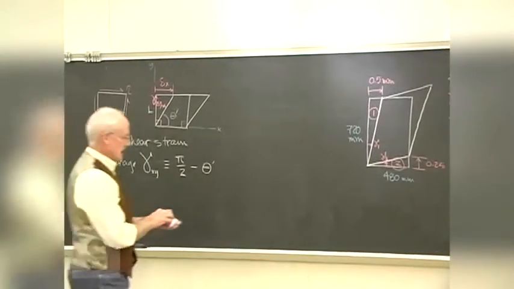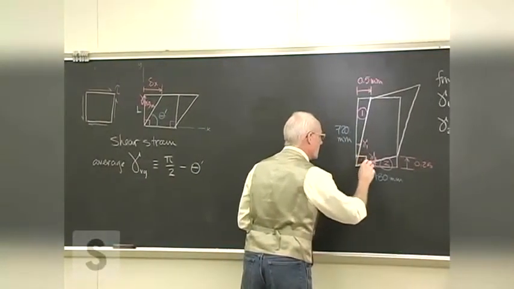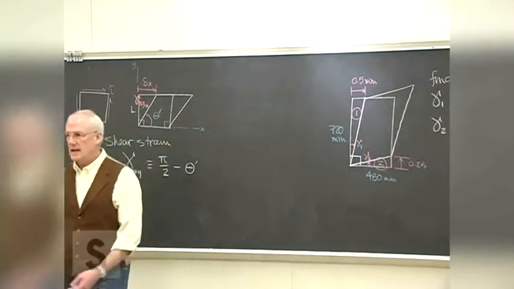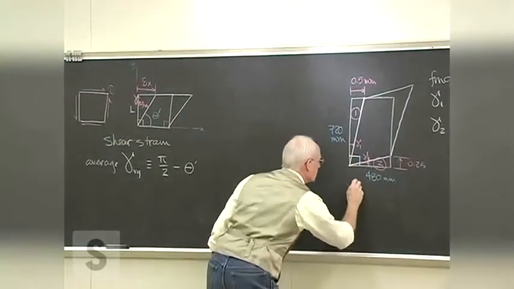So we have an original 90-degree angle down here. And the change in that angle is the shear strain, the total shear strain, which is the two of those added together.